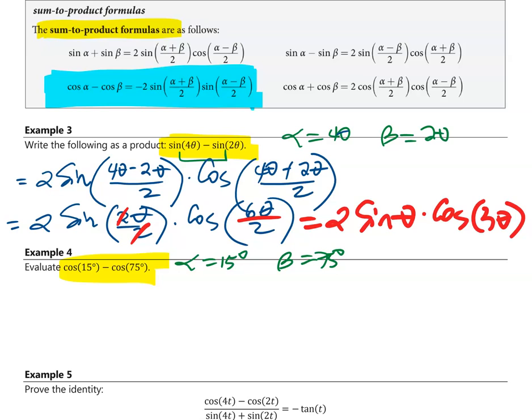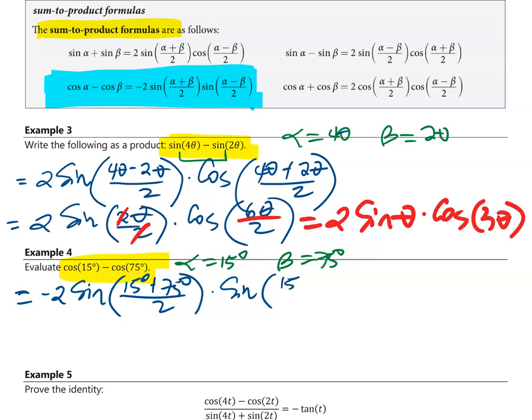Easy, right? Okay, let's try it. Let's follow this formula: negative 2 sine of alpha plus beta, so that is 15 degrees plus 75 degrees over 2, times sine of alpha minus beta, 15 minus 75 degrees over 2.